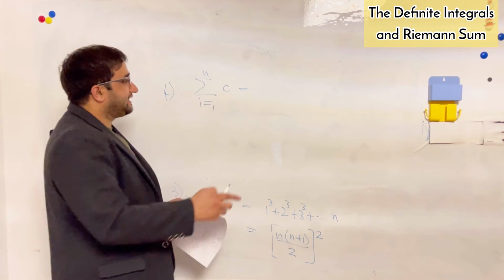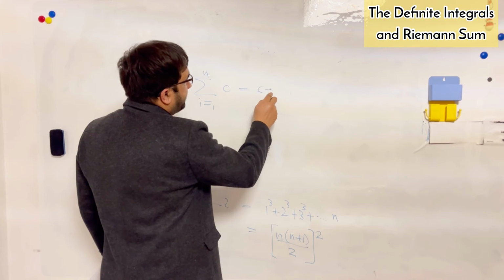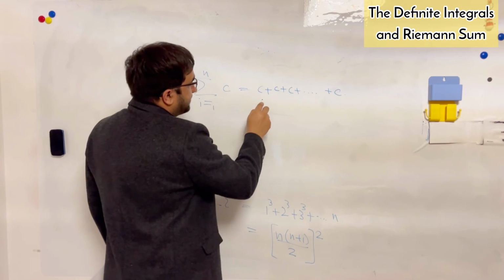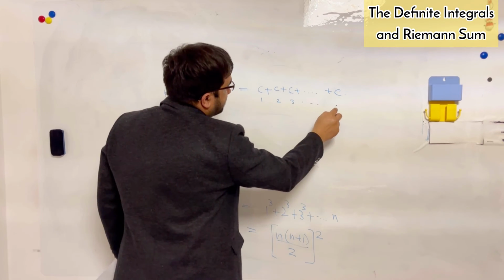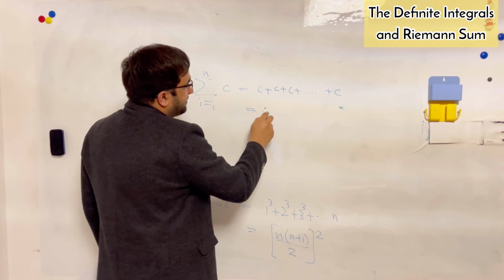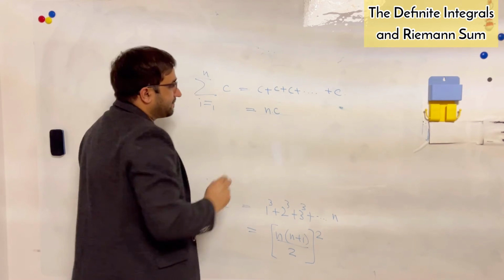It means you are adding this c n times, c plus c plus c plus c. This is 1, this is 2, this is 3, and this is n. So you are adding them n times. What does that mean? It means this is n times c.